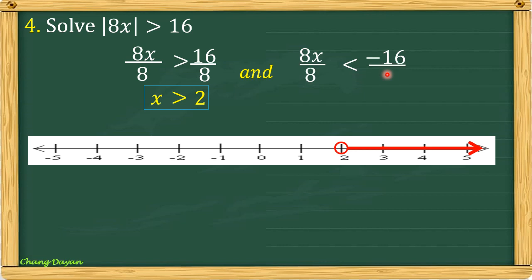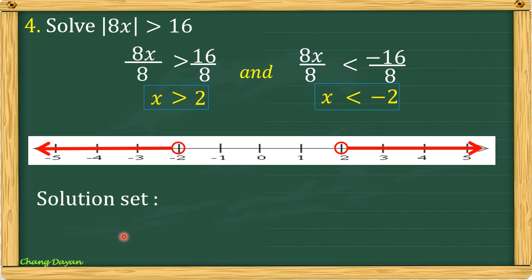Divide both sides by 8 and we'll get 8x divided by 8 is x less than negative 16 divided by 8 is negative 2. Now, let us plot negative 2. So, it is here. And then, since it is less than, the arrow must be going to the left. Paliit. So, from negative 2 going down.